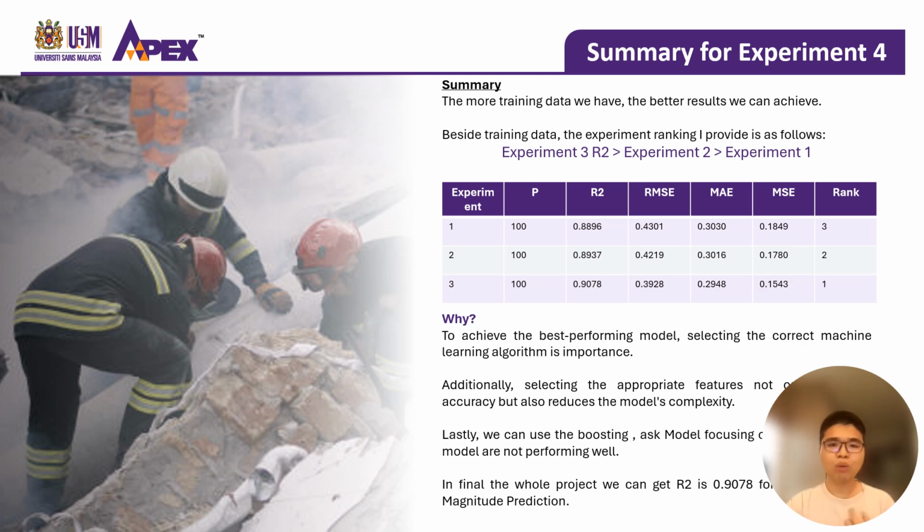In experiment 2, selecting the correct features not only improves the accuracy, but also reduces the model complexity and leads to faster training times. Finally, boosting enables the ML to focus on areas where the model is not performing well.